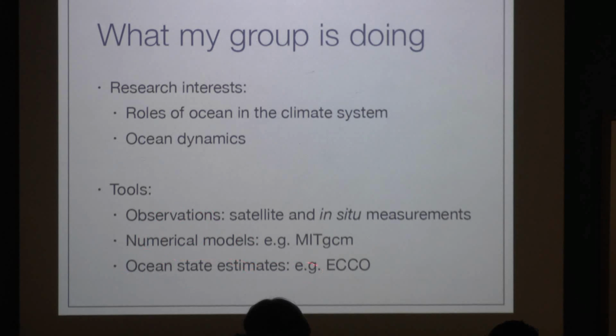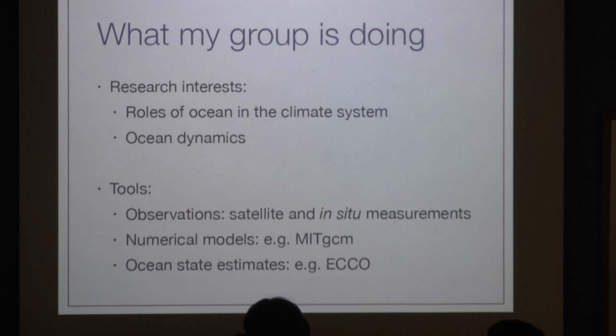The reason we developed this ocean state estimate is that the observations we have at present usually have gaps, spatially and temporally, because in situ measurement inside the ocean is really difficult to get and very expensive. So to study global problems, you need global coverage, but that means you have to fill in those gaps where you don't have data.